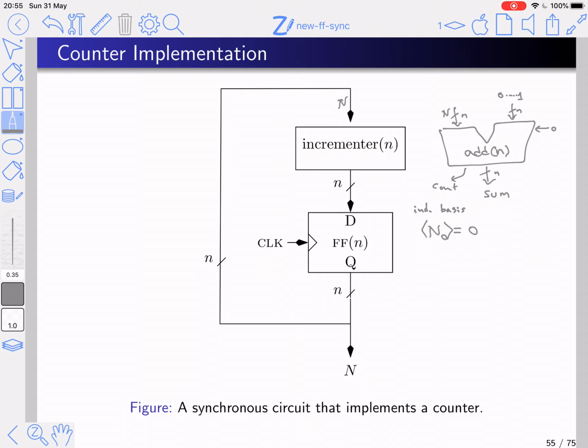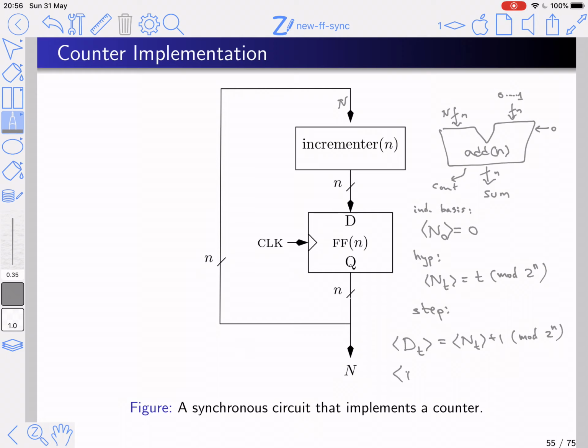The induction hypothesis would be that n of t equals t mod 2 to the n. And now let's do the step. We know that d at time t equals n at time t plus 1 mod 2 to the n.